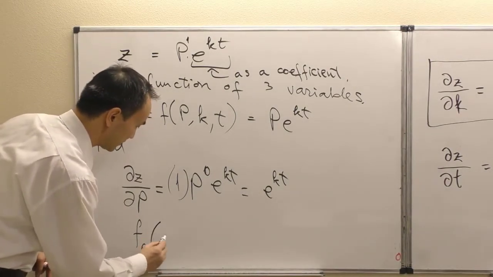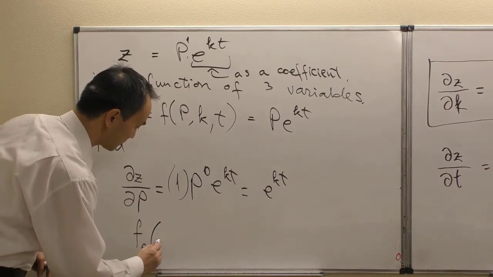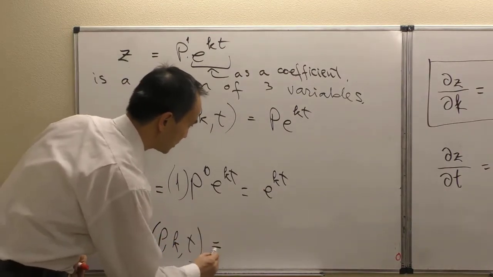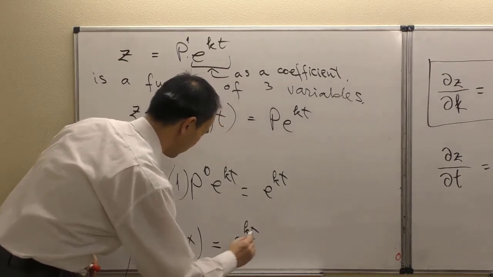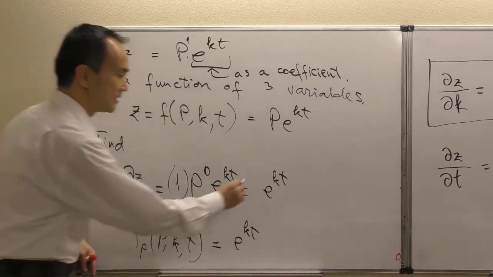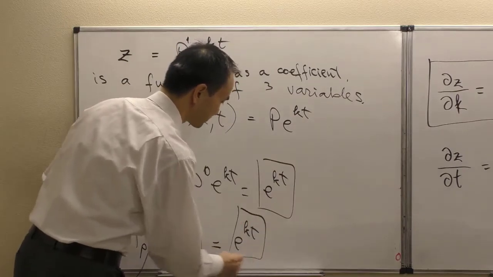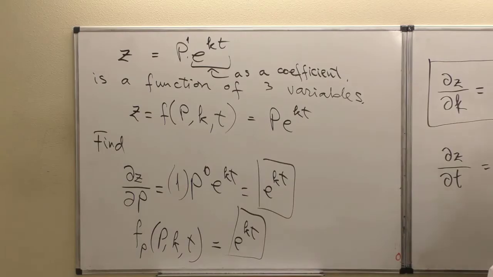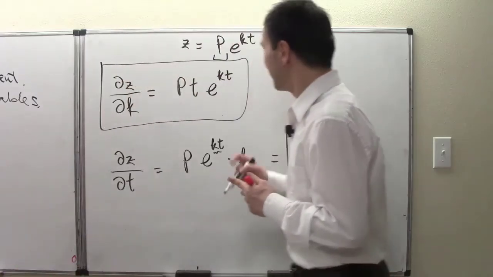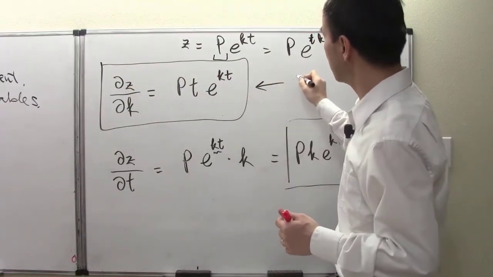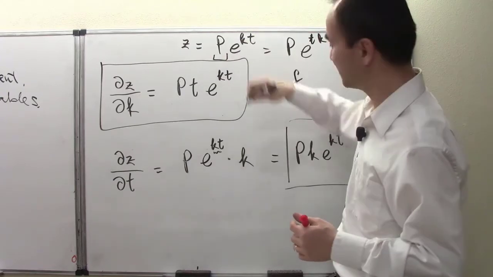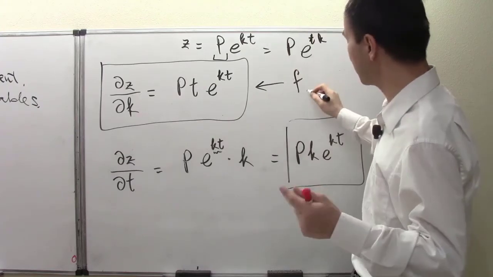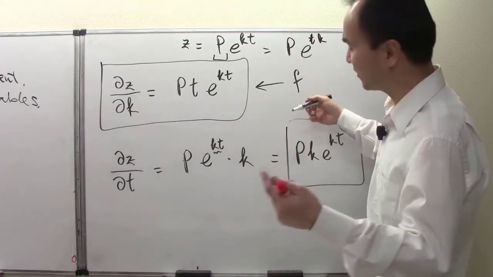And that is of the variables p, k, and t. Okay, and that equals e to the kt. That's one way of writing that. Okay, that was our result. All right, and then on the other board, what we have just found earlier, I can also see this as, our function here is f, but then taking k as the main variable, and we here find the partial derivative.